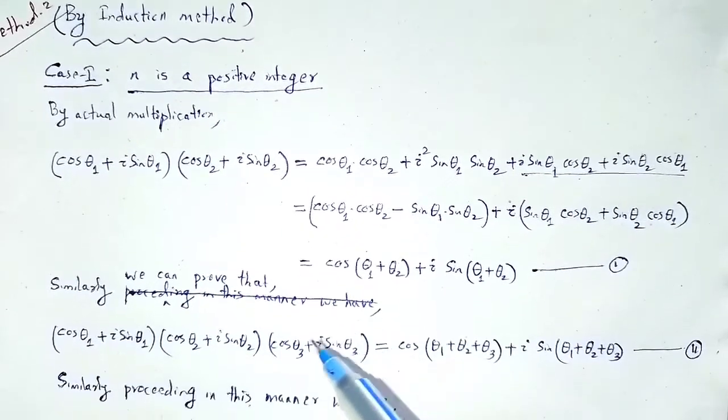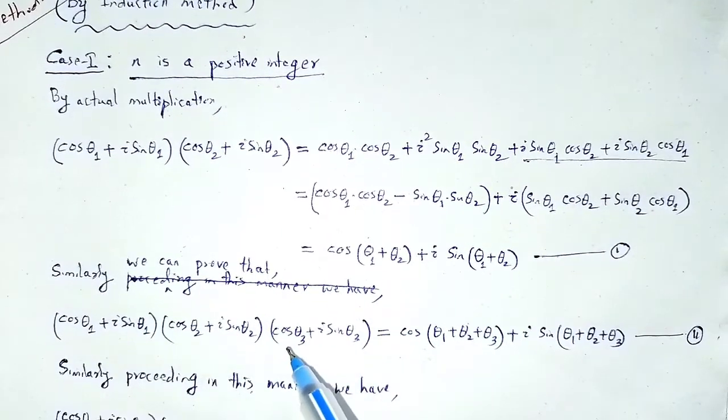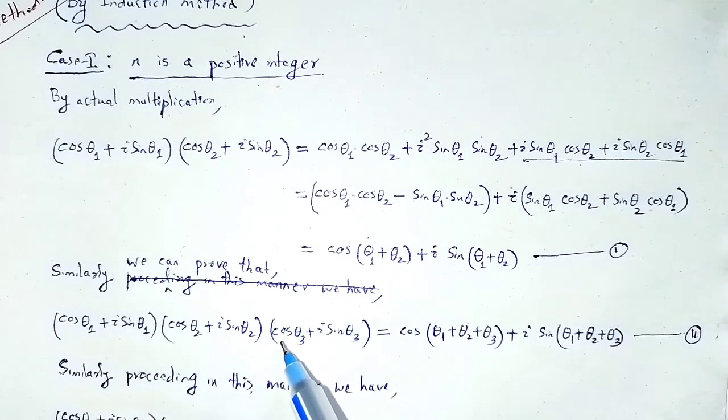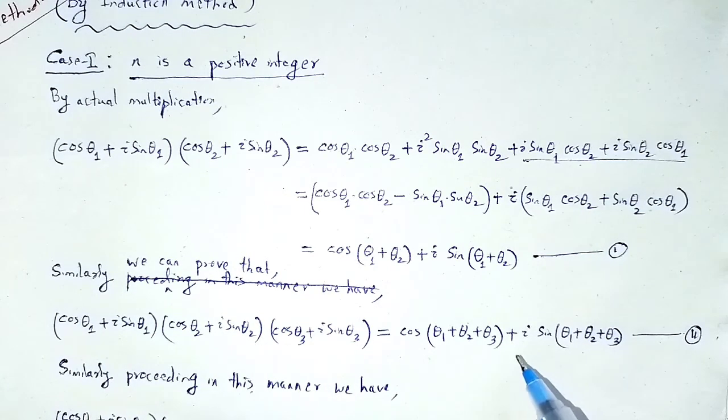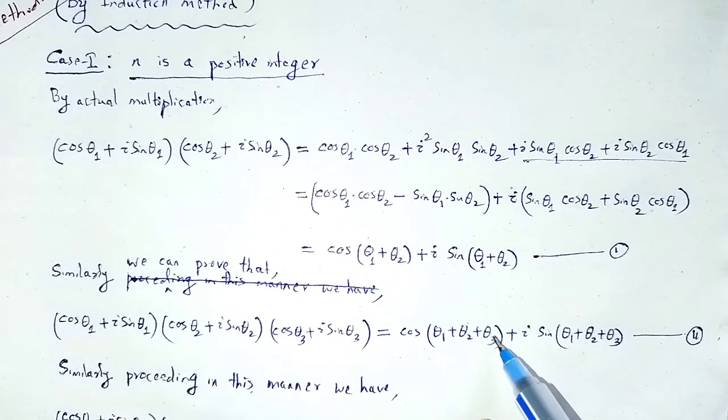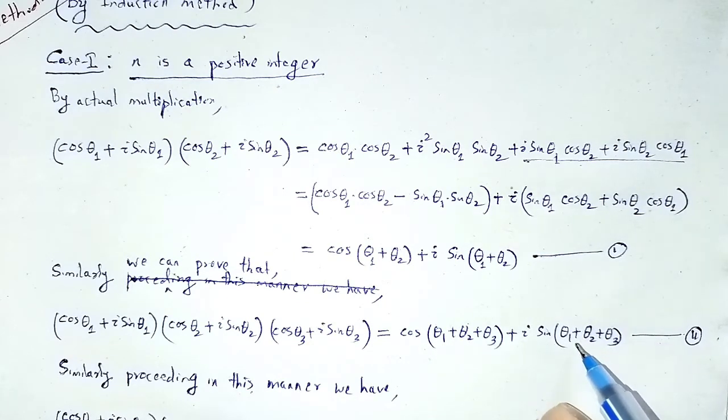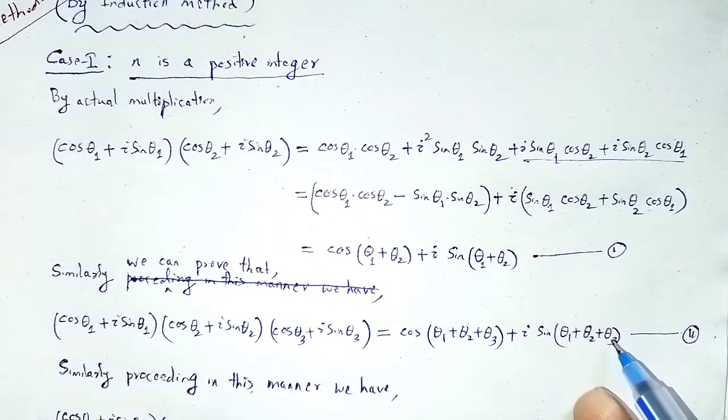Similarly, we can prove that if I add another term, that is cos theta 3 + i sin theta 3, to that equation, then it results as cos of (theta 1 + theta 2 + theta 3) + i sin of (theta 1 + theta 2 + theta 3).